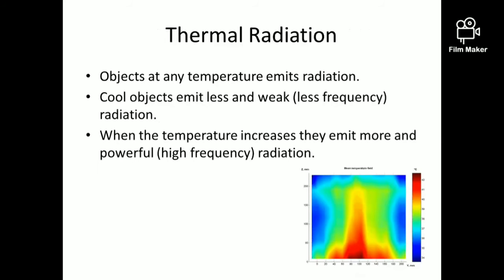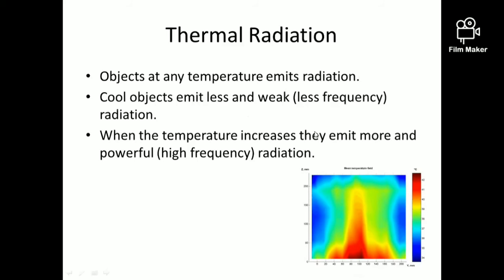The next topic we need to learn today is thermal radiation. How does thermal radiation occur? Objects at any temperature emit radiation. Even at a low temperature we can see thermal radiation, but if the object is cool, the thermal radiation is very little. The amount of thermal radiation emitted is very small, and the radiation is weak, meaning it is emitted with low frequency.